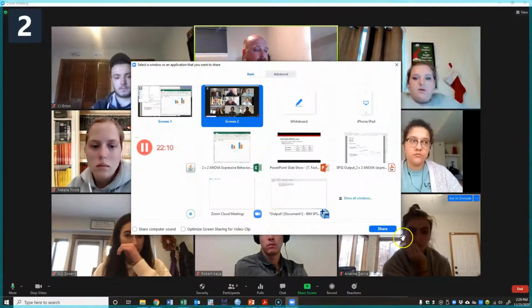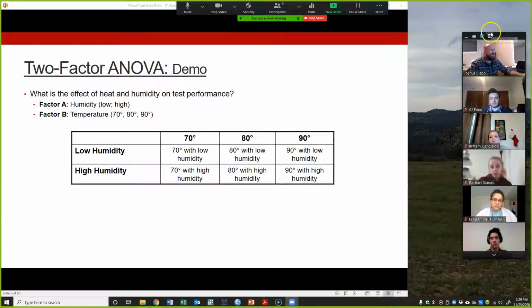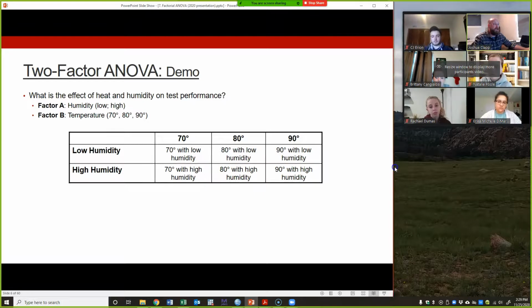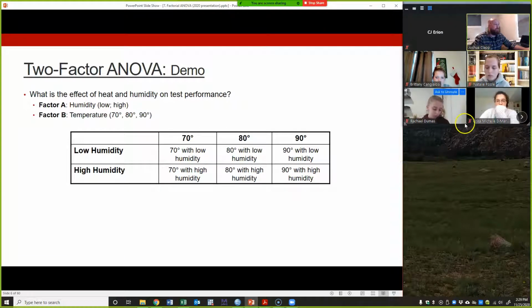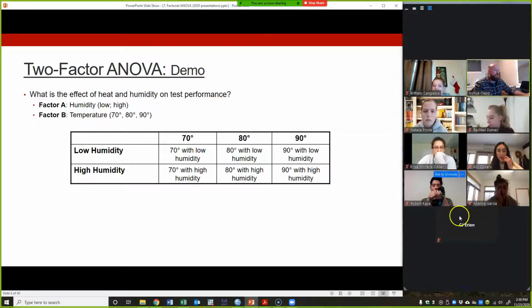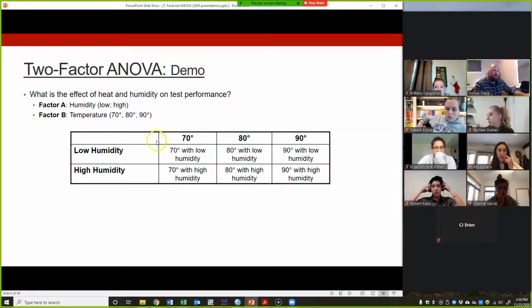So we'll jump into where we left off last time, talking about these factorial designs.